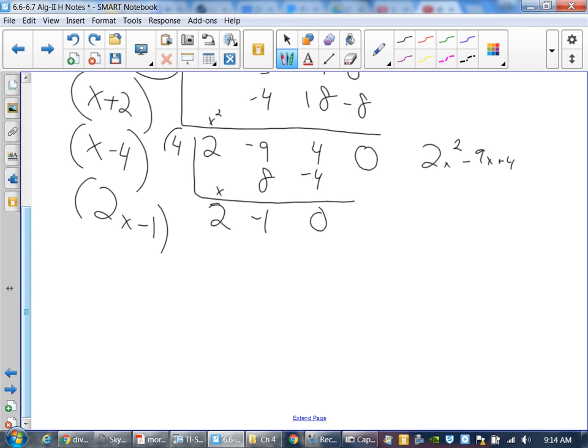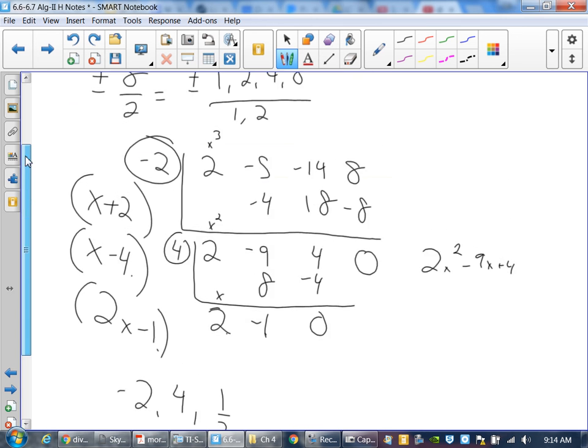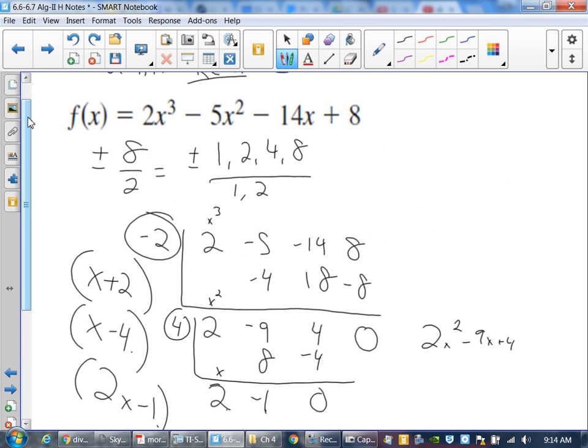So I've got the 4 as a 0, and then I'm left with 2x minus 1. Yep, because what we did here, guys, is we've already done plus minus 1, didn't work. We did positive 2, didn't work. -2 did. I double checked to see if it was a duplicated 0, and then I went on from there.